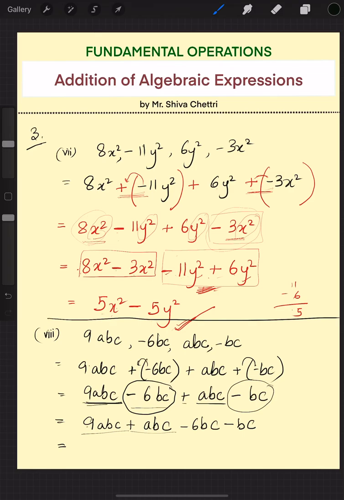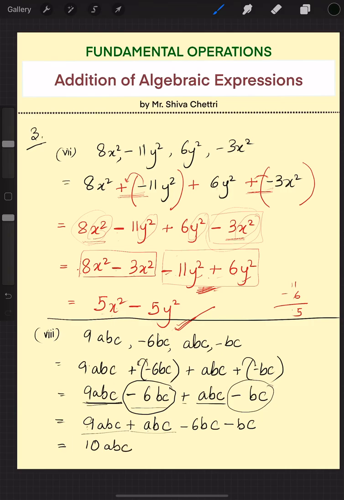So abc means 1 abc. Okay, it's not a 0 abc. If it is written just abc or x or y, there is a 1, because if you multiply 1 with x, you'll get x. If you multiply 1 with abc, 1 into abc is abc. That's why 1 is there. So 9 plus 1 gives you 10abc.